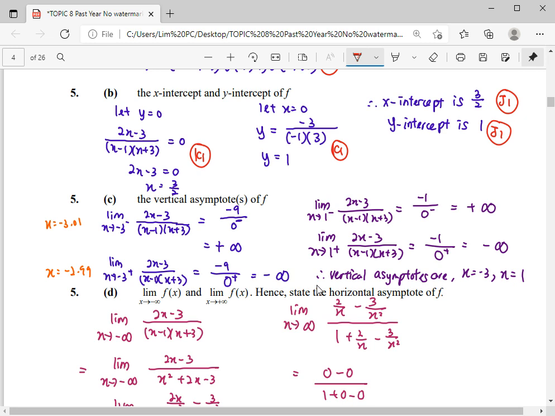So when we want to find our limit, x approaches negative 3, in order to find out our vertical asymptote. So this is our concept to get both vertical asymptote answers.